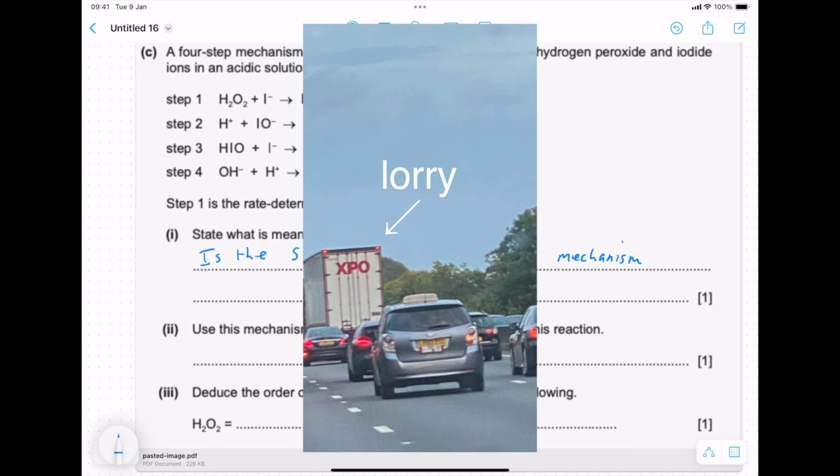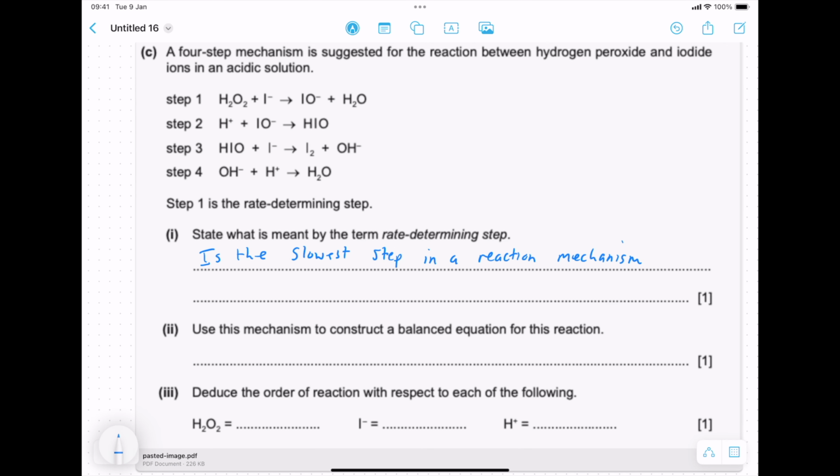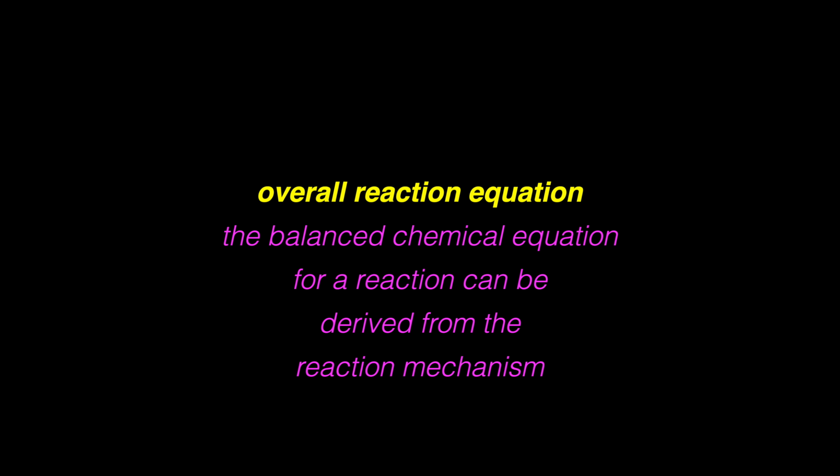Ultimately, the speed of that single lane of traffic is determined by the speed of the lorry at the front. So tailgating the lorry or hanging back makes no difference. You are going to go as fast as that lorry dictates. It's the same idea with the rate determining step. There may be multiple steps in a reaction mechanism, but ultimately the speed is determined by one step.